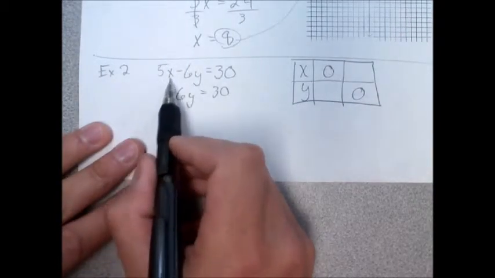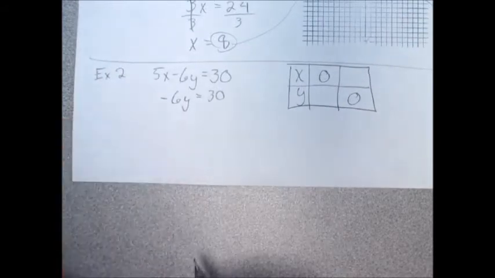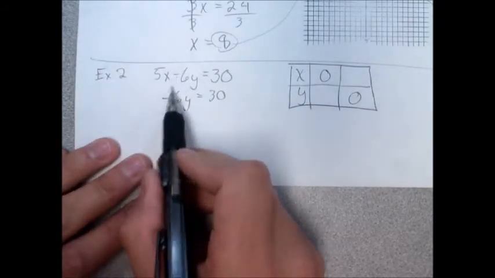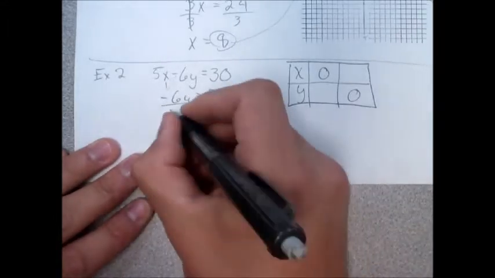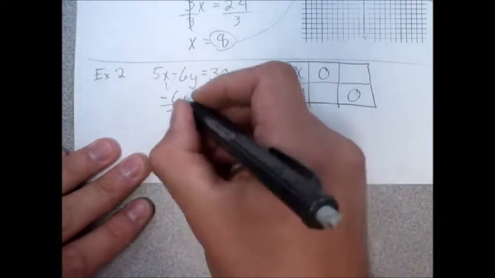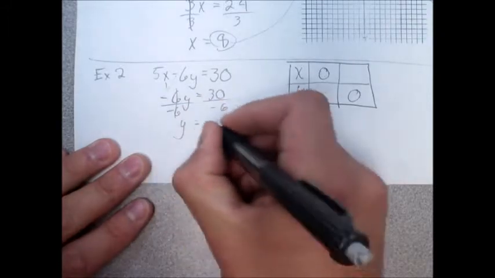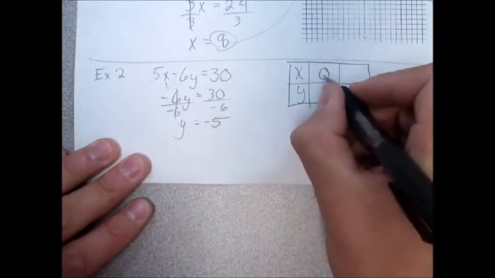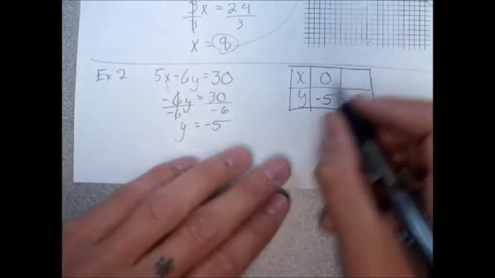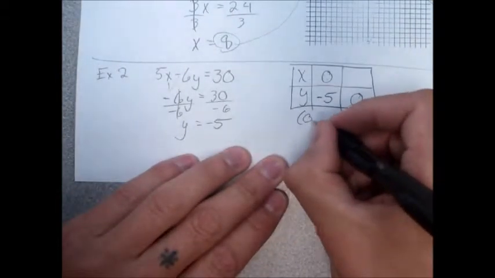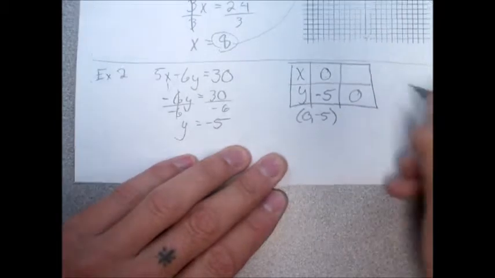I just plugged in 0 for x and went from there. Do not forget this negative. It will change your answer completely. Divide by negative 6, divide by negative 6. That goes away. y equals negative 5, and I plug it in. Since x was 0, I put negative 5 for the y. So one point is (0, -5). Okay?